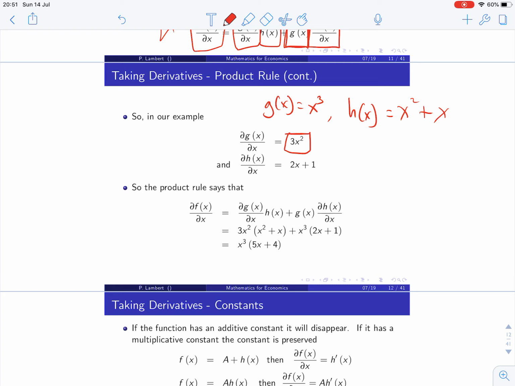If we use the addition rule and the power rule for the h subfunction, the derivative of the h subfunction, dh/dx, equals 2x, because we brought this 2 out the front, and 2 minus 1 was the power 1, which is the same as just writing x, so 2x. We then use the power rule to derive this part of the h function, because these enter as additive terms. So back to our addition rule, we just treat them as separate, and we use the power rule on the first term and the second term.